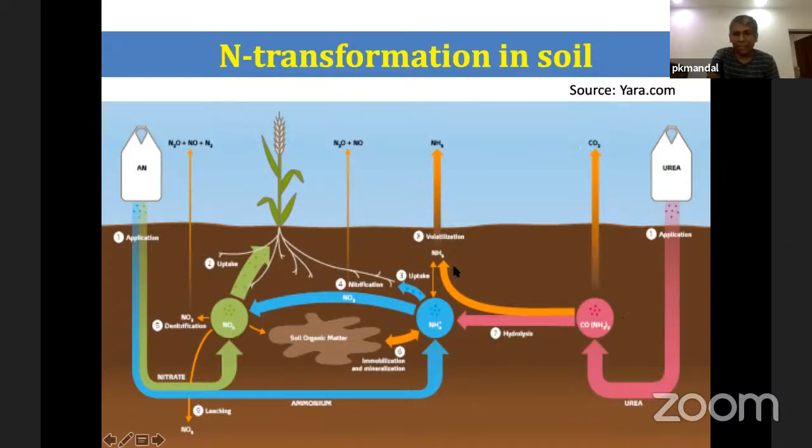But this ammonia gets lost, and this nitrate gets leached down through the soil, and it runs off and goes to the ocean, to ponds, to different places. And then this nitrate becomes denitrified, and it becomes what we call NOx, a very obnoxious kind of gas, which actually harms the atmosphere.